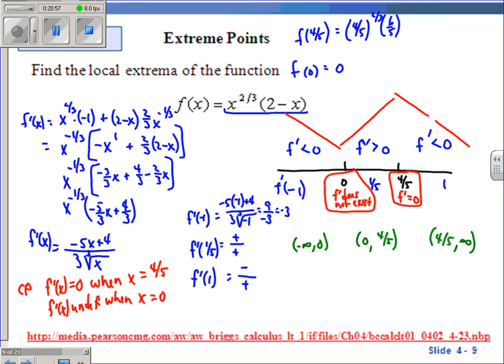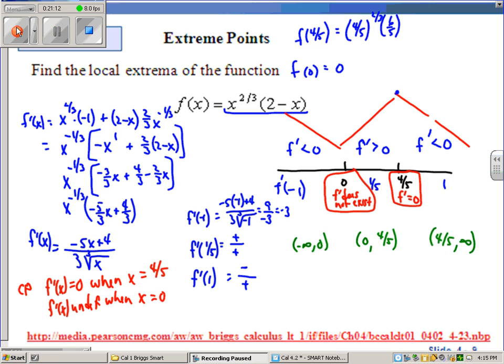Okay, that's the y value that occurs at this point right here. Now the derivative is 0 there, so it's going to have a horizontal tangent line. Now the derivative doesn't exist at x equal to 0, but we do have a y value there. Okay, so what we do have is two extremums. We have the local maximum at 4/5.